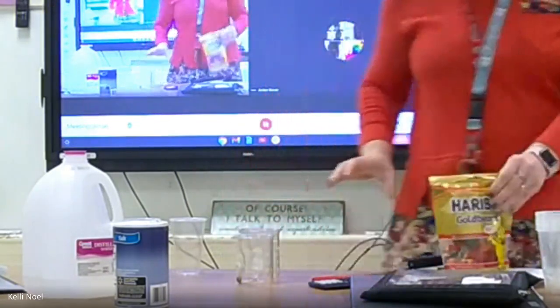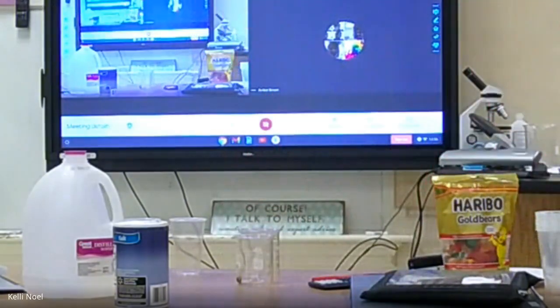And then the directions said to measure the mass. I've learned from past experience that my cheap little scales do not work. We have to use the triple beam balance. Does anybody know how to use the triple beam balance?